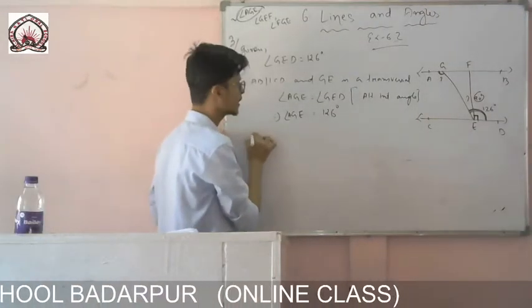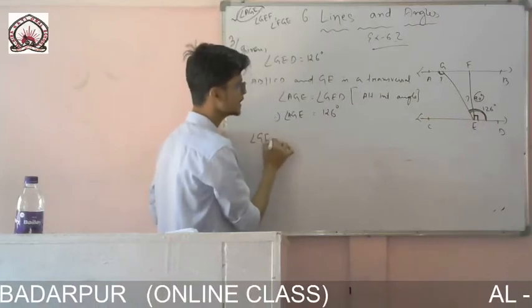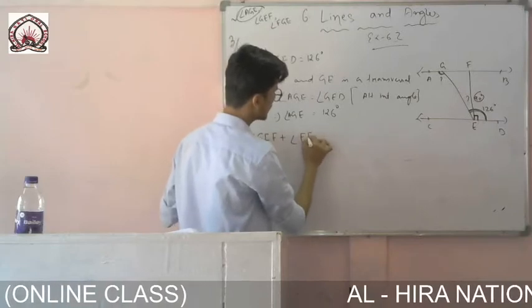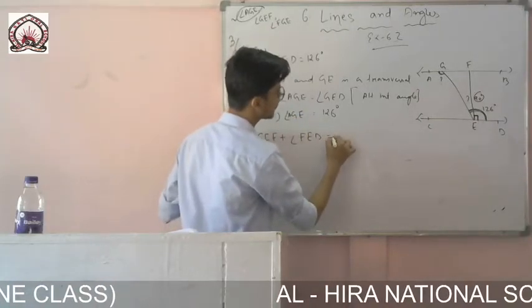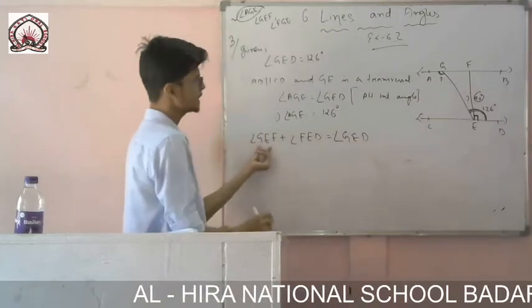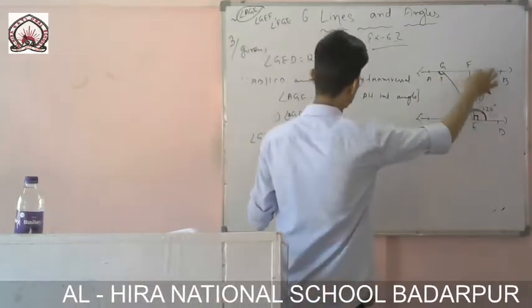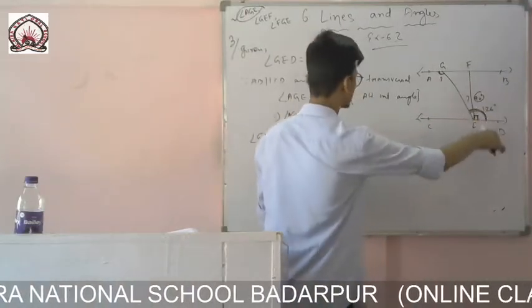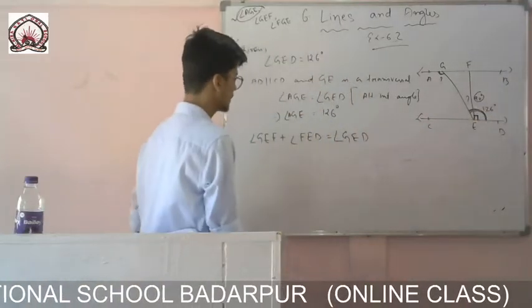So you write: since angle GEF plus angle FED is equal to angle GED, you try to relate, GEF plus FED will be equal to this whole angle, that is GED.